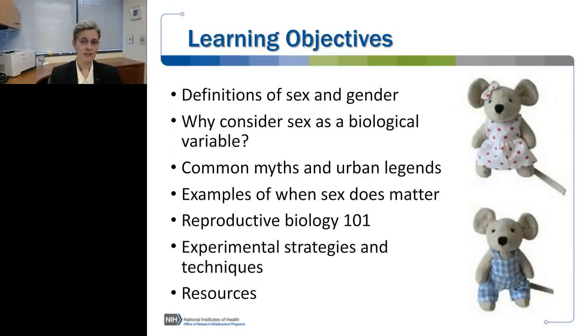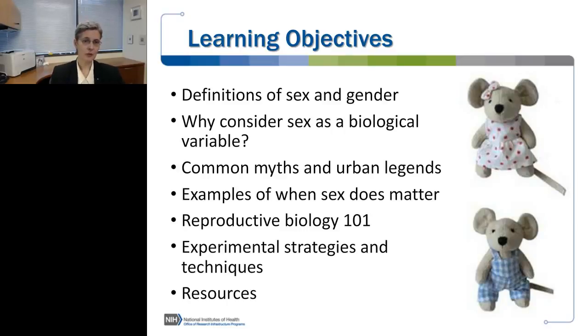This next slide summarizes what I plan on reviewing with you today. I will start off by defining the terms sex and gender before discussing why one needs to pay attention to sex as a biological variable in biomedical research with rodent models.